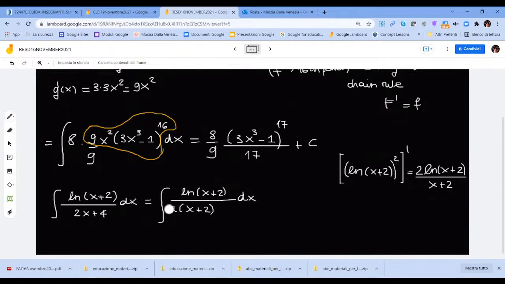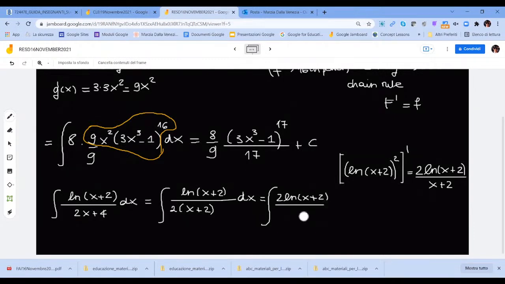We could compute by substitution, but you now know the rule, and you can recognize this derivative. As in the previous integrals, you can multiply and divide by 2. That means write 2 logarithm of x plus 2.